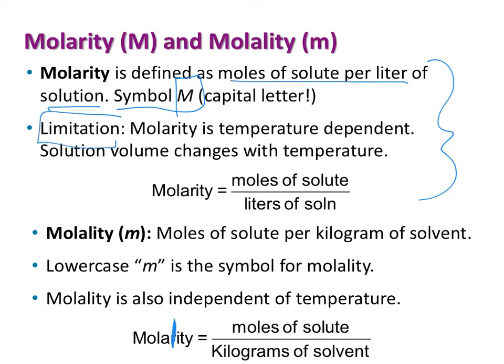The downside to molarity is the fact that molarity is temperature dependent. If temperature changes, the volume will change. And if the volume changes, it changes the denominator, which overall changes the value of molarity. So you can see how it can fluctuate because of the temperature.